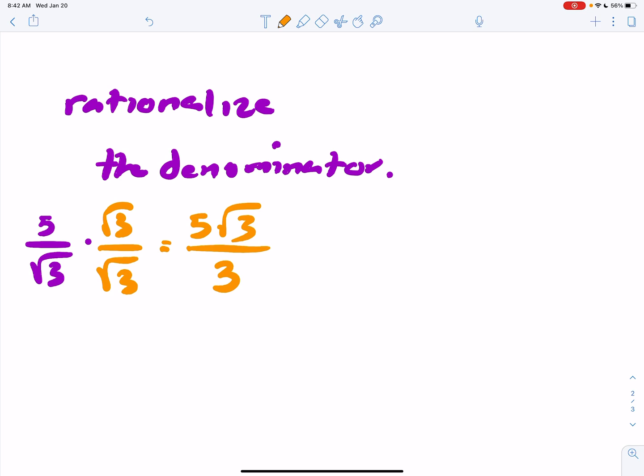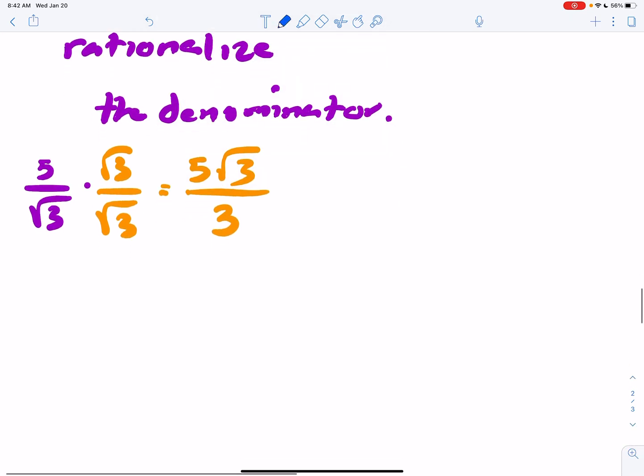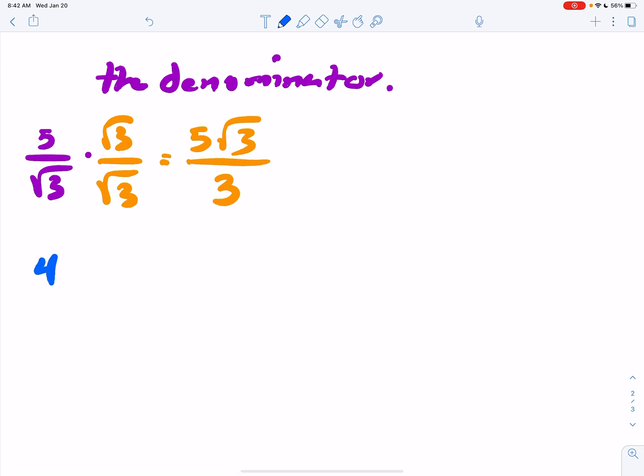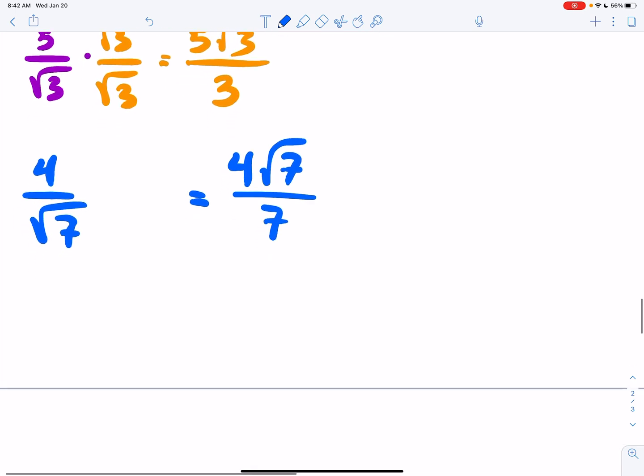I'm going to show you a way to take care of it that's faster. If you have something like 4 over radical 7, here's what you do to jump straight to the answer. You bring your radical to the top, so you put a radical 7 at the top, and you put your radicand at the bottom. Everything inside the square root goes at the bottom. That's how you get to your answer very quickly. Let's do another one here.